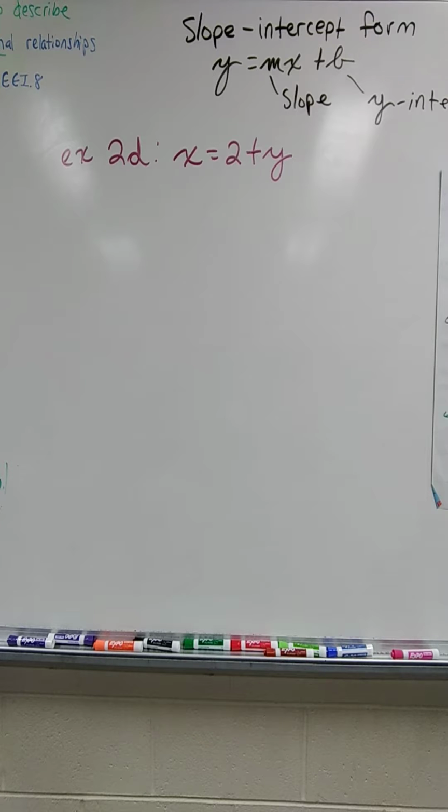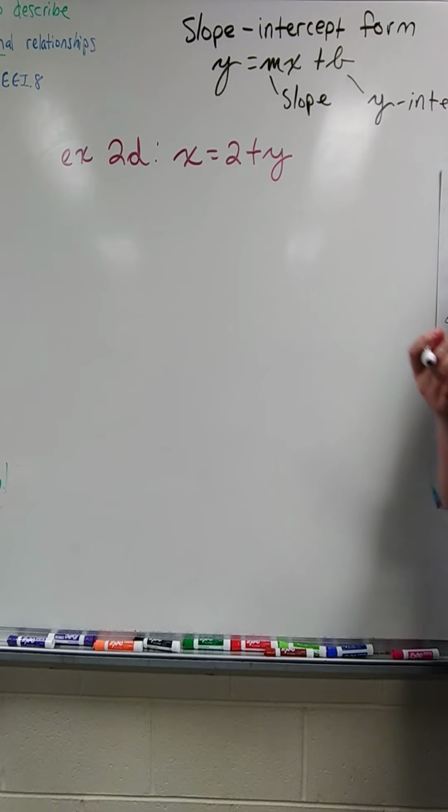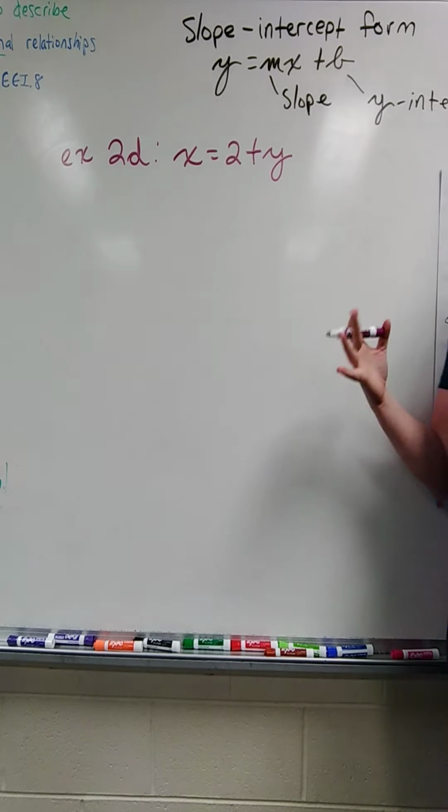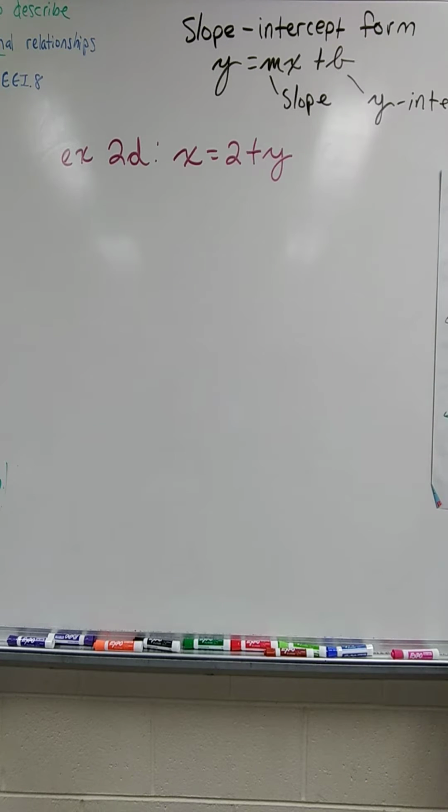So, let's look at what was the first thing that we're going to do. Move the 2? Does the 2 need to be moved? No. But if I do that, is it written in slope-intercept form?